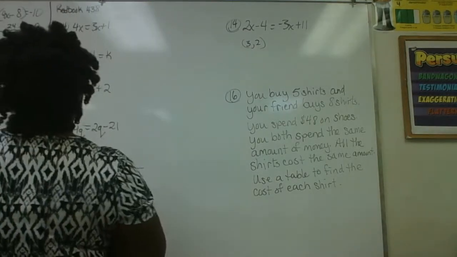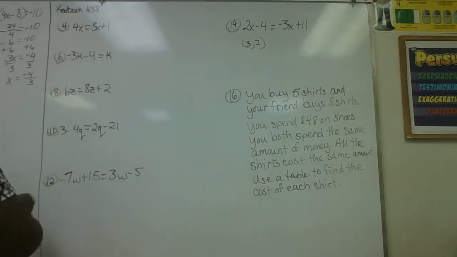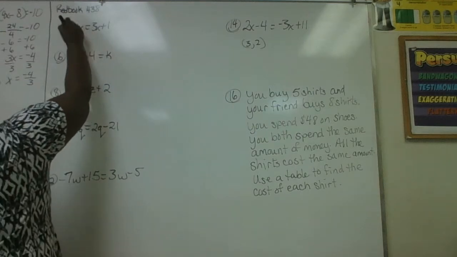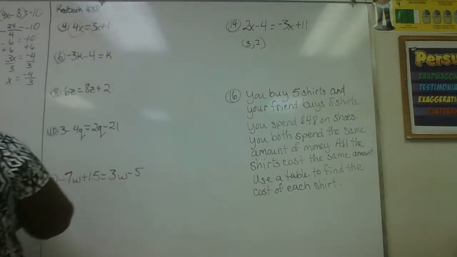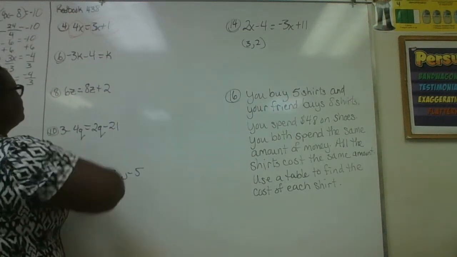All right, so if we're going to use a table, we first must identify that we have two separate equations here. This is one equation compared to another equation. So, therefore, we're going to do this.